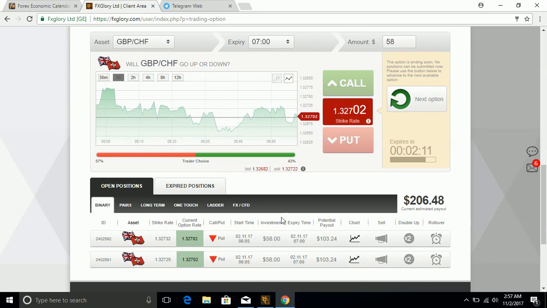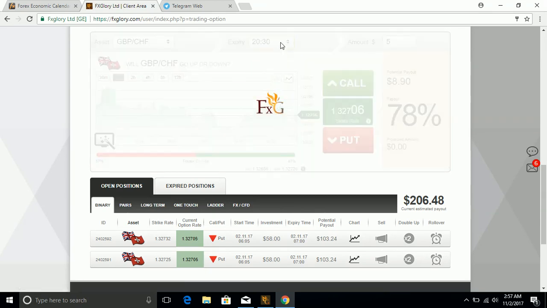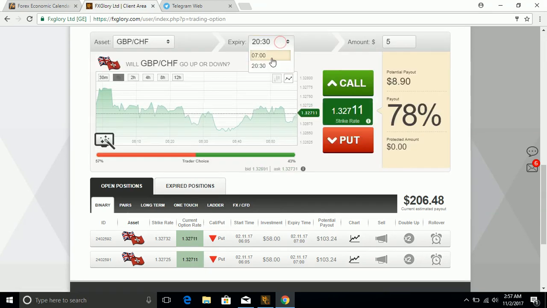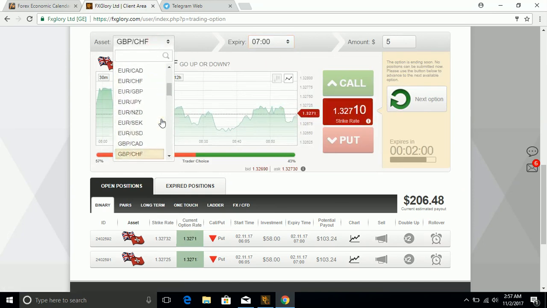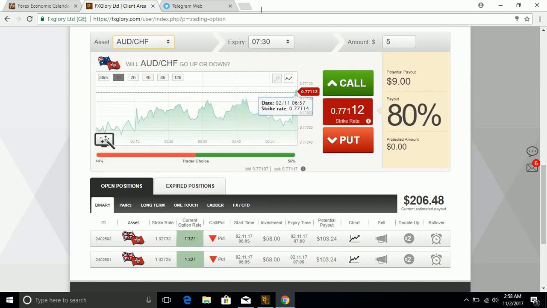And what I want to do here is look for another opportunity, but it looks like it's going to be on, let's take a look at the Aussie CHF. Let's take a trade on the Aussie CHF.